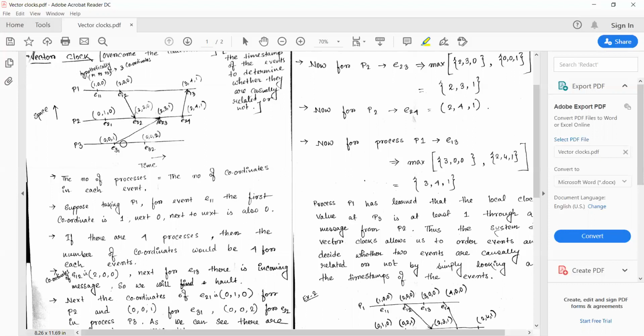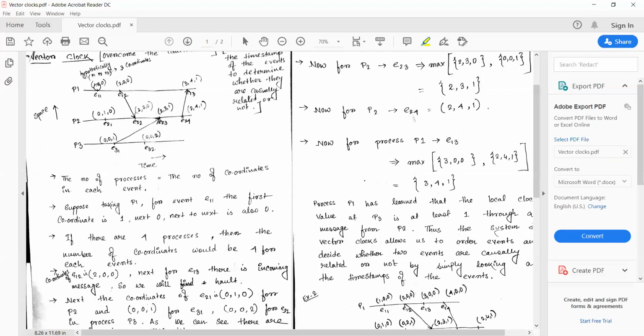Now, in Lamport's logical clock, we learned that we have to find the logical clock of each event. Here also we are finding the logical clock of each event, but there is a small difference. In Lamport's logical clock, we take one coordinate for each event. Here I am taking multiple coordinates.